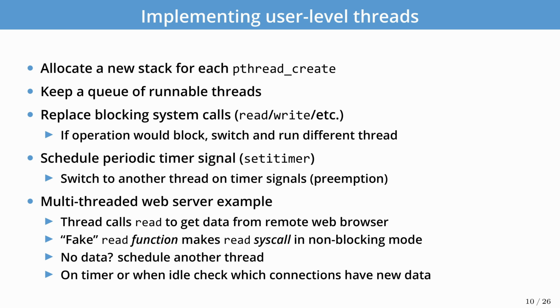And we're going to replace all blocking system calls like read and write. Normally, if you call read, your thread will go to sleep waiting for that read to complete. We're going to convert them into non-blocking versions. When we see that a system call is going to block, we make the call asynchronously, asking the OS to do the read for us, and we allow a different user thread to proceed.